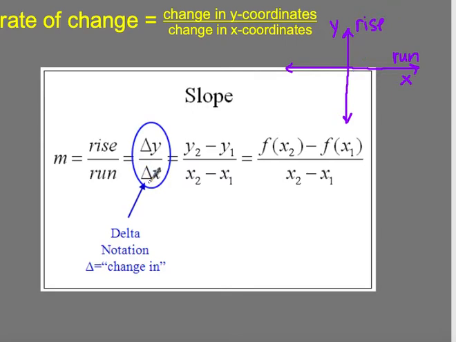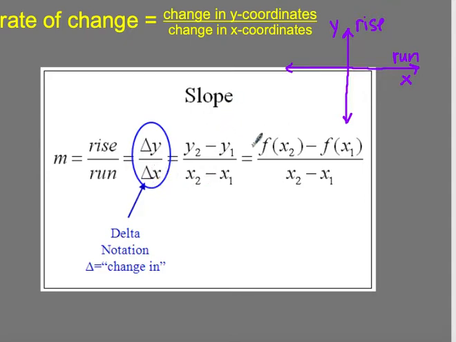All right, so when you take some higher level science courses like physics, they're going to denote that change using this delta formula. And in science, we just represent that Greek letter delta as representing change in. So rise means the change in y, which is delta y, and run is the change in our x values, which is delta x.